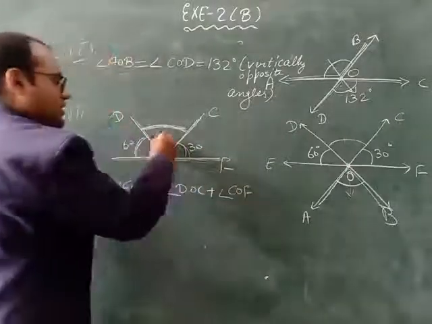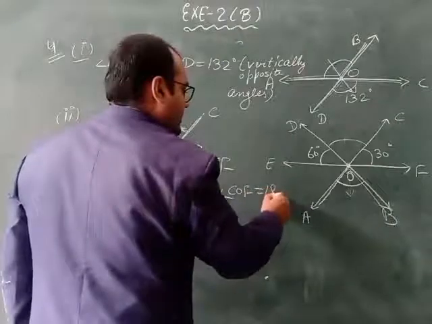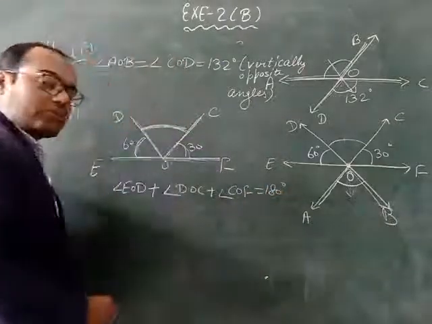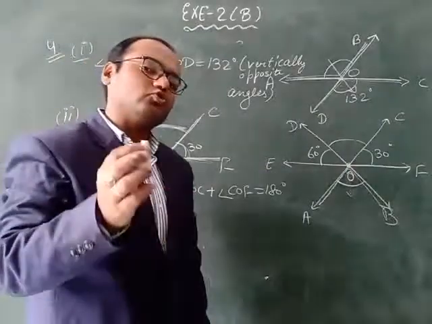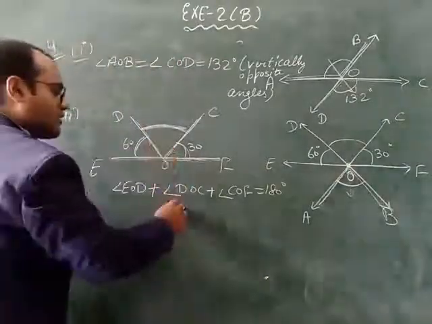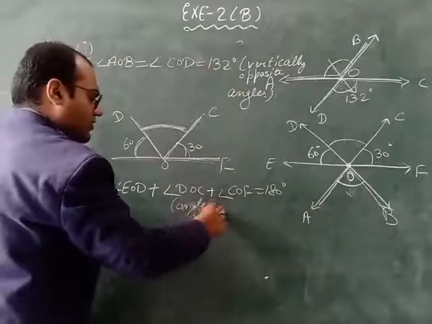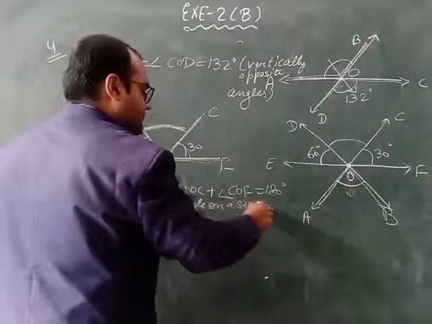Sum of these 3 angles we have to take 180 degree, and the name of the property is, this is not a linear pair. Linear pair means 2 angles, but here we are having 3. So we will write this is the angle on a straight line.